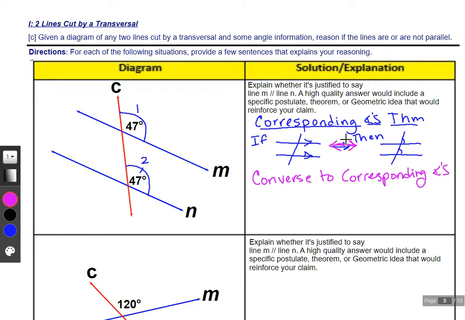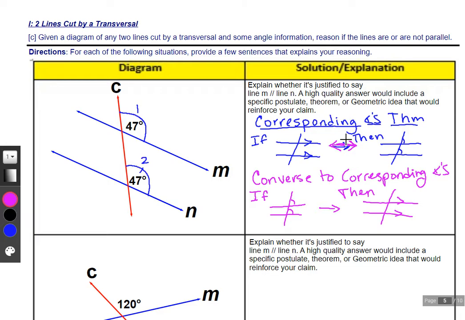If I have, in this case, corresponding angles that are congruent, then I can say that the lines themselves are parallel. This is not a really mind-blowing thing. What this means is that this relationship reciprocates; it doesn't just give in one direction, it gives in both directions.